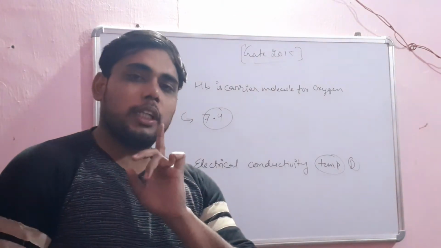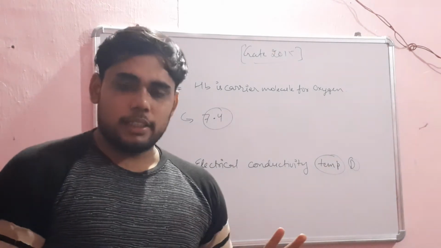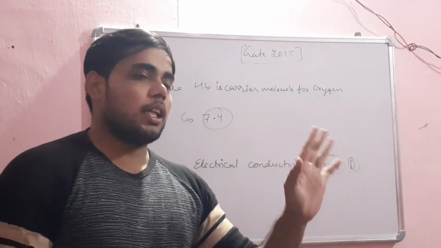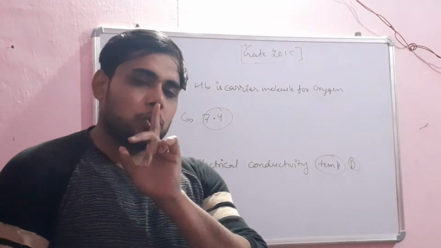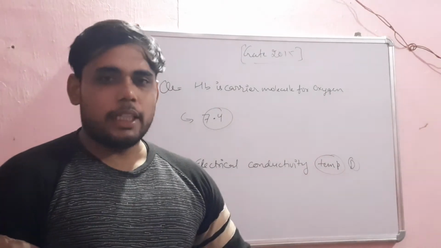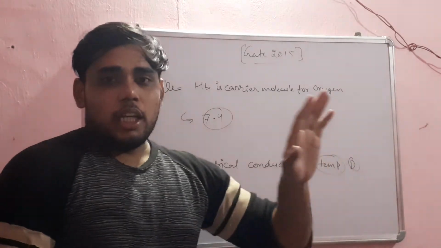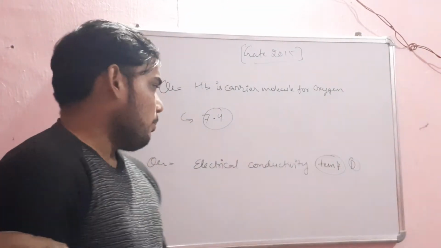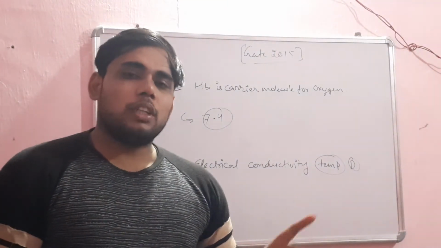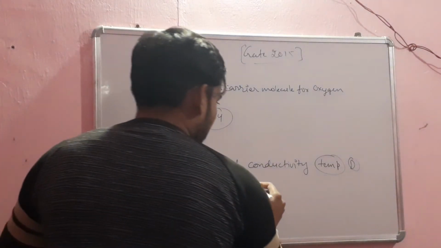But there is only one parameter which is going to decrease on increasing the temperature, which is your electrical conductivity. If you have read the conductance chapter, then you should remember that every parameter, say specific conductivity or any other conductivity, will increase with increase in temperature, but the only one that will decrease on increasing the temperature is electrical conductivity.